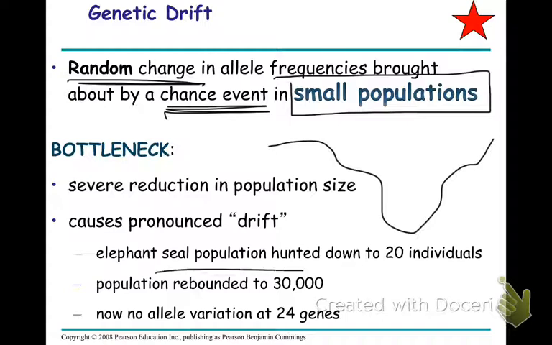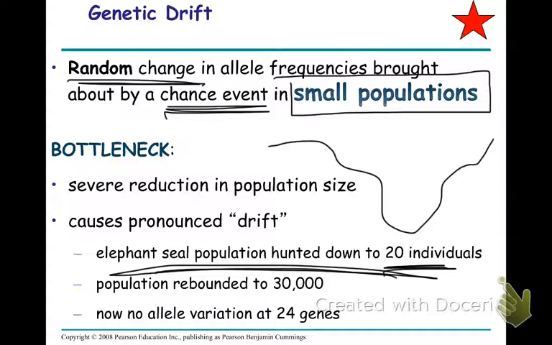They have been hunted down to just 20 individuals. And then suddenly people woke up to the fact that they were going to lose this particular population of seals, which is important to the ecosystem there. They cordoned off that area, made it a protected area for them to continue to thrive, and hunting was banned.